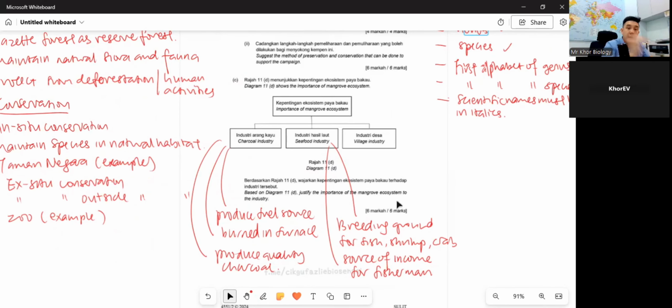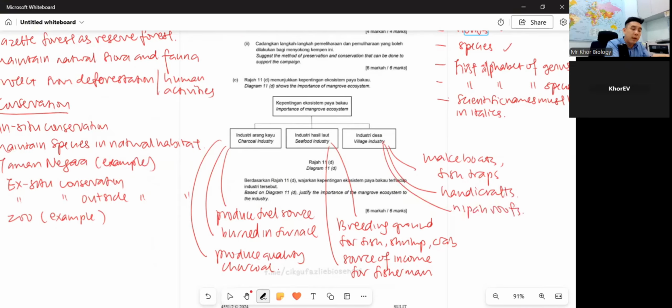And finally, for the village, the wood is important to make boats and fish traps. It can be used to make handicrafts as well. And finally, nipah roofs. If you really want one more, guys, it can also be used to produce perfume, cosmetics.